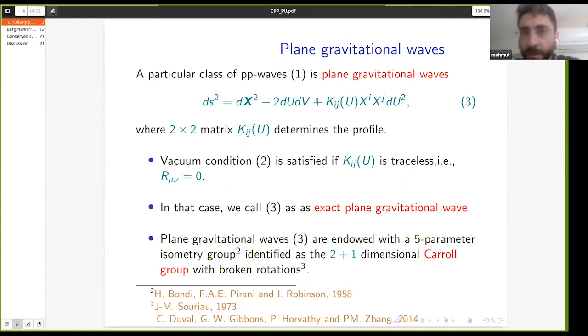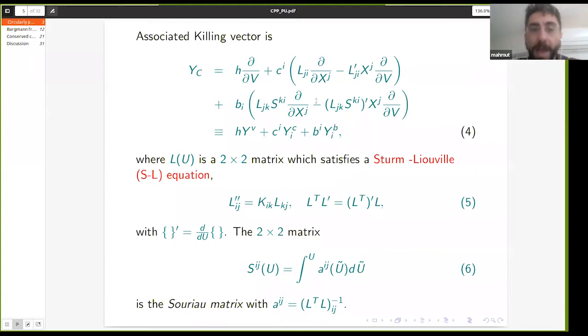It is very important to generate these conserved quantities, because they help you to integrate the geodesic equations of motion. Later we will see the geodesic equation of motion will also give you a Sturm-Liouville equation, which is very hard. If you are able to generate some conserved quantities, then geodesic motion can be integrated very easily, and you are able to solve your system.